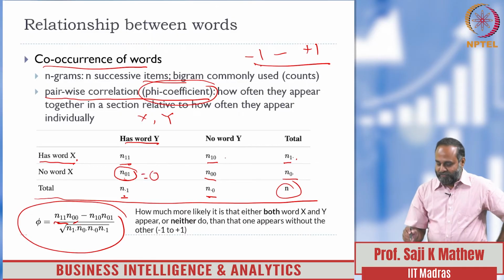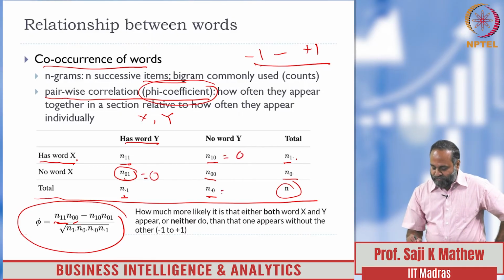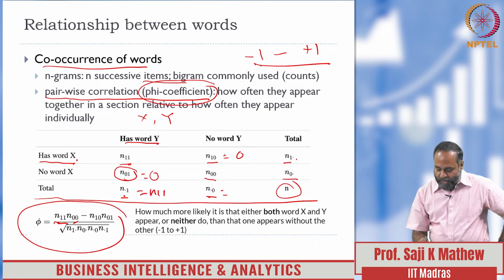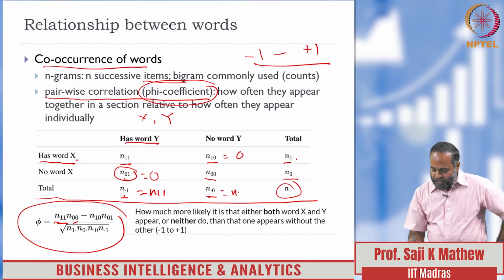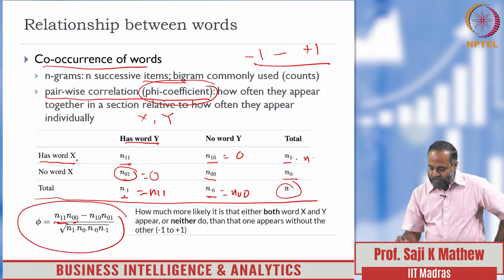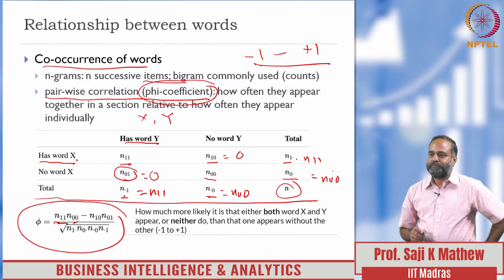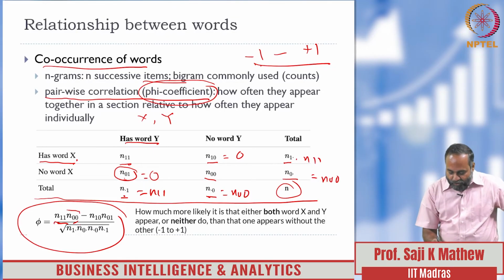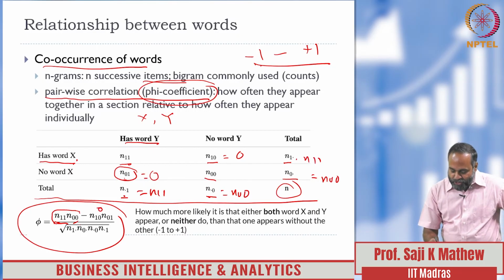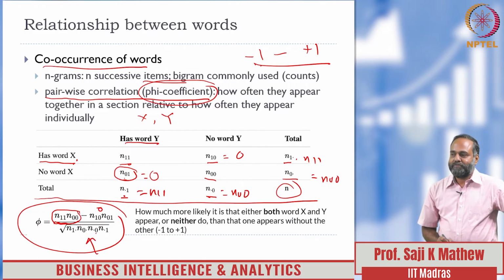So this will be 0, this will be 0. This is 0, this is 0, and therefore this one is equal to n11, this is equal to n00, this is equal to n11, this is equal to n00, correct? And therefore this is 0, this is numerator, and the denominator is also the same.